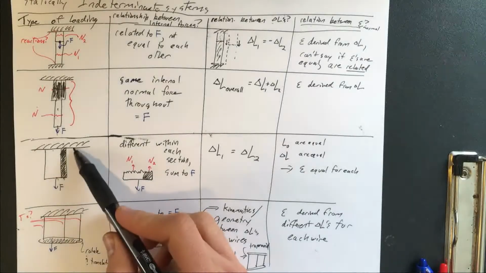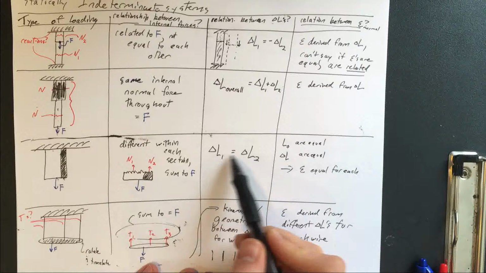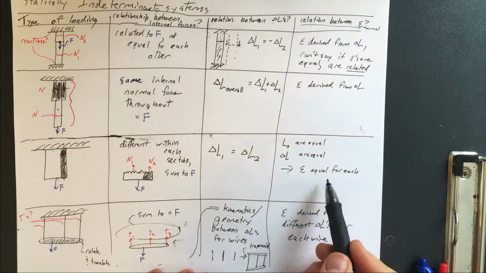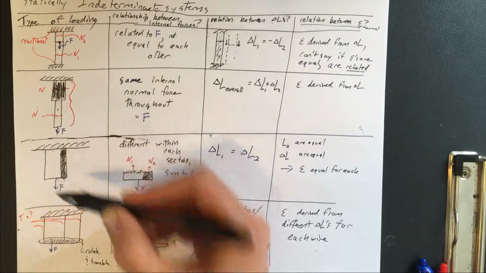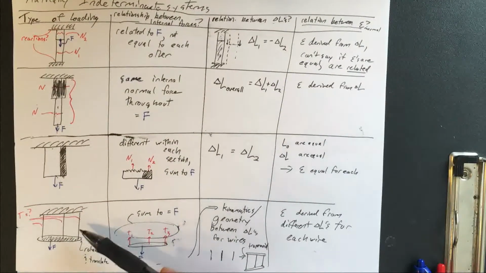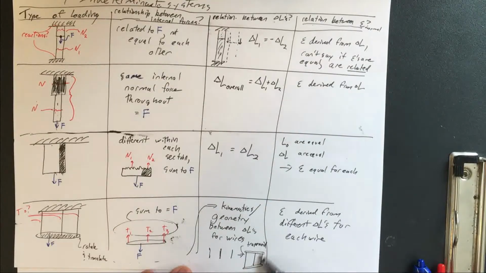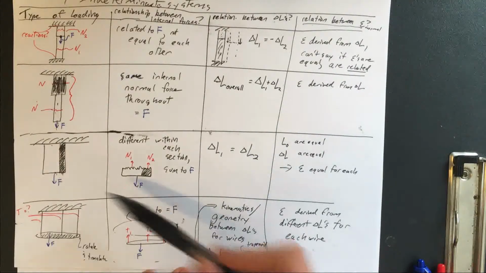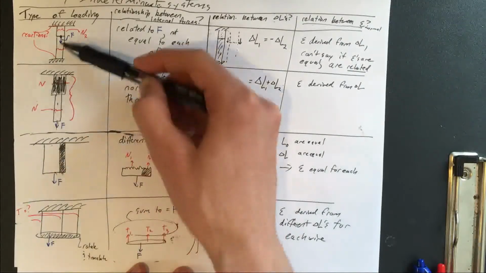There might be some cases where not only are the delta L's equal or at least related to one another, but the strains are also equal because basically their initial lengths are equal and their changes in lengths are equal. And then we might have some cases that are pretty complicated. We might need to do some kinematics or some geometry to relate delta L's to one another. So the delta L's are related to one another, but not in as straightforward a way as like this or this.